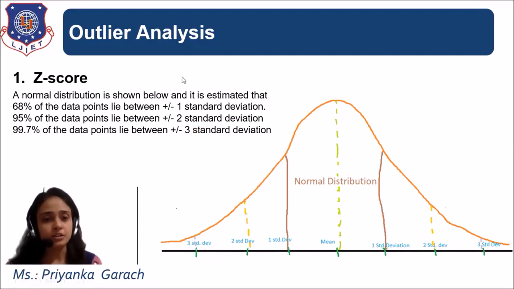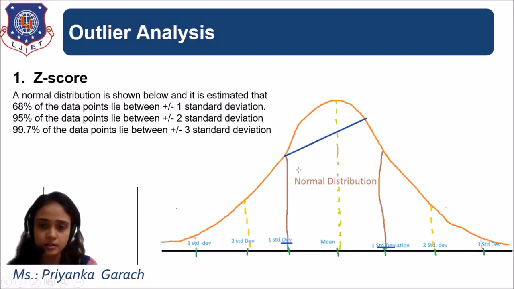Now what information are we getting from such a graph? Let's see. If I consider the area between the first standard deviation lines, this is the area covered between these two lines.